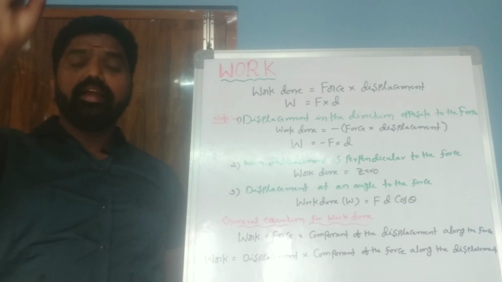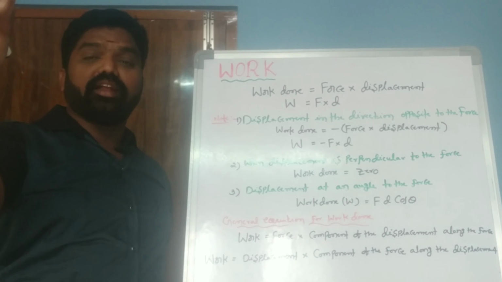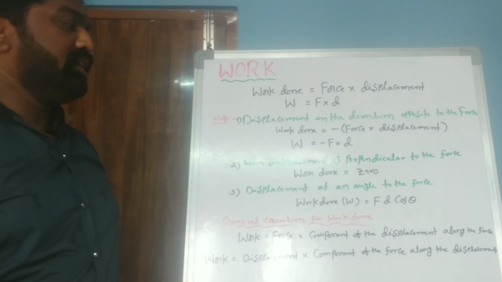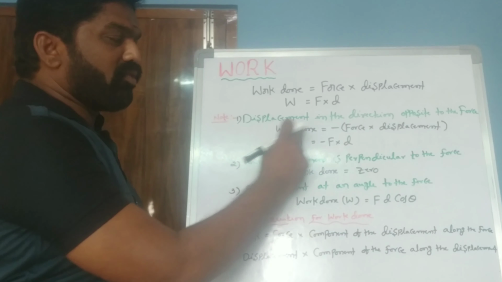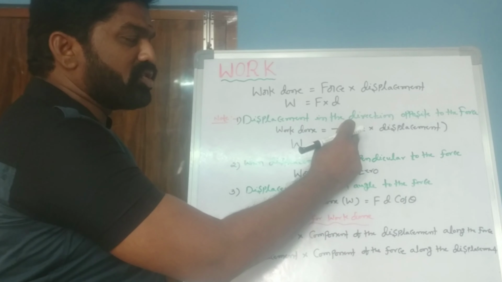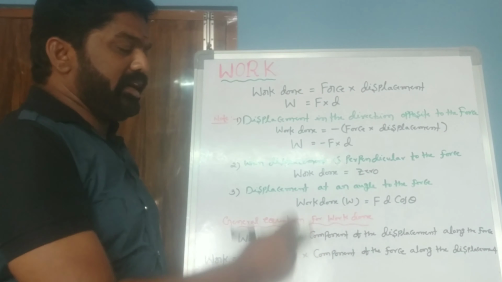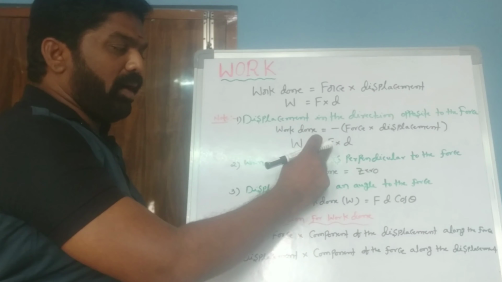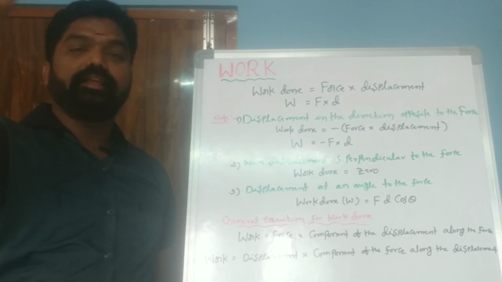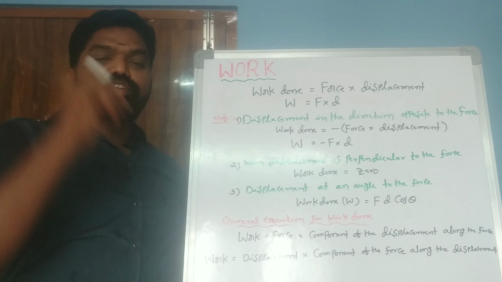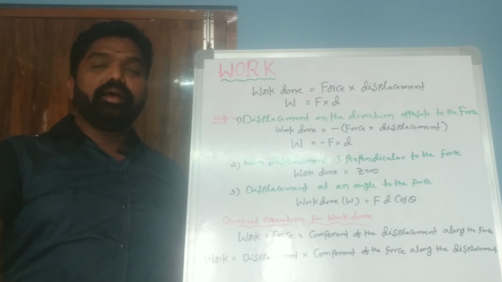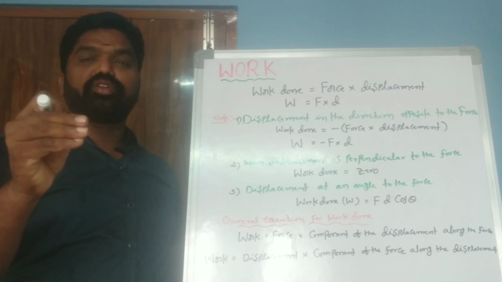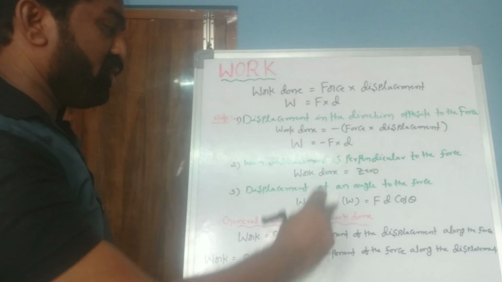Suppose the displacement is in the direction opposite to the force, then work done equals minus force into displacement, W = -F × D, right? When displacement is perpendicular to the force, then work done is 0.